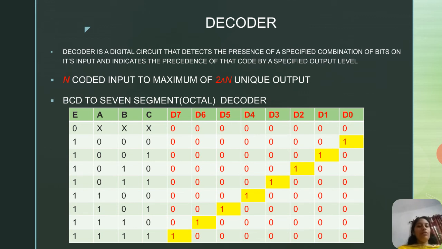For D7, the value of A is 1, B is 1, C is 1. So A as well as A bar is required for the circuit implementation. Likewise B and C. So A bar, B bar, C bar, then E: these 6 plus 1, 7 inputs you have to draw on the input side of the circuit, then D0 to D7 on the output side.